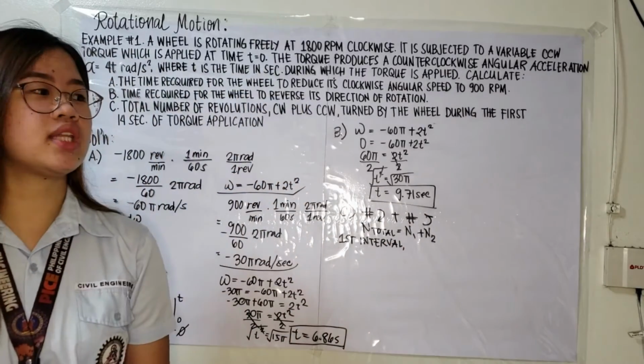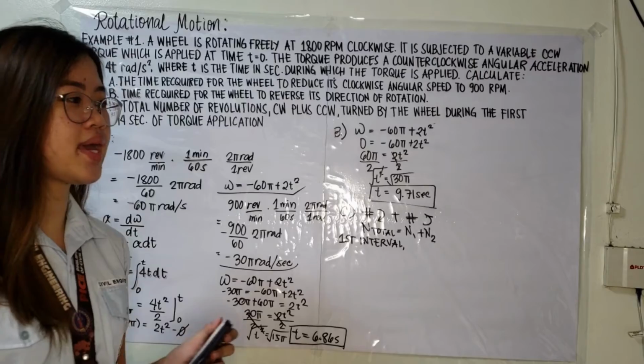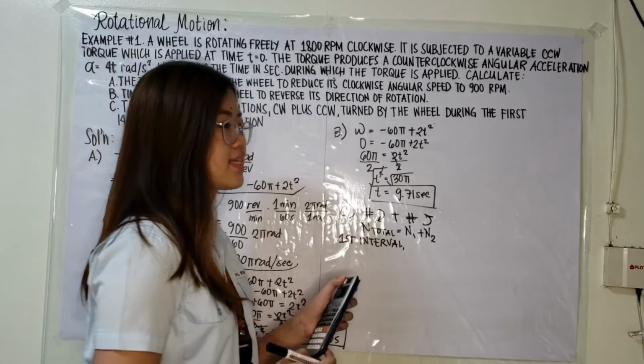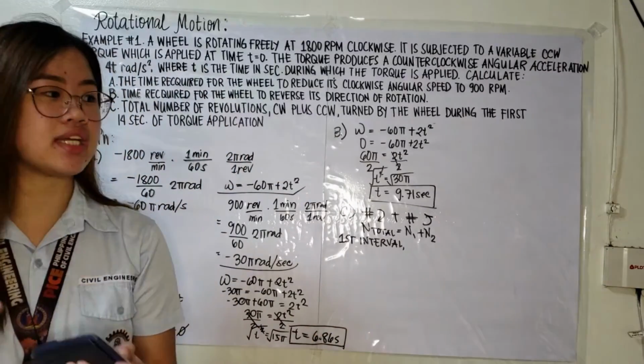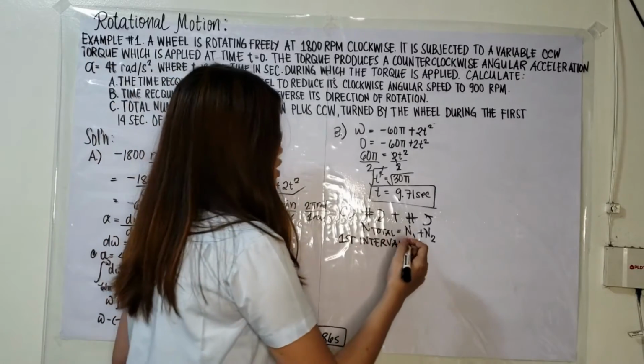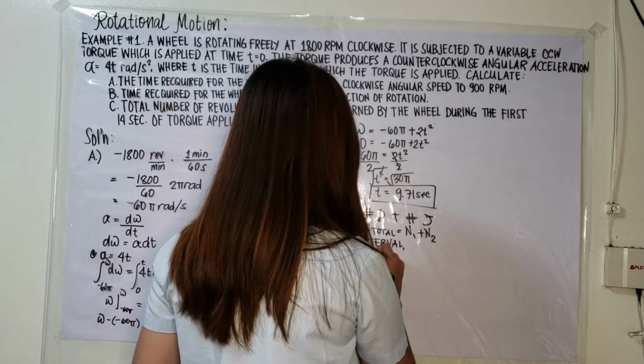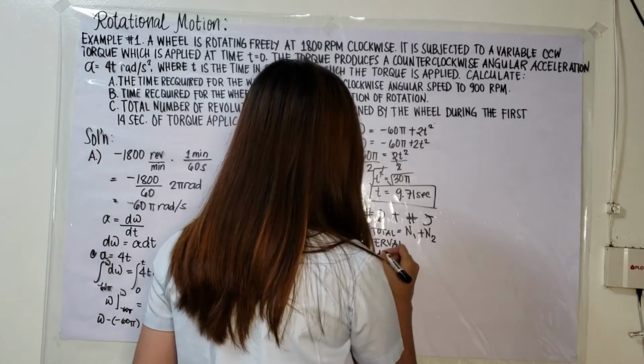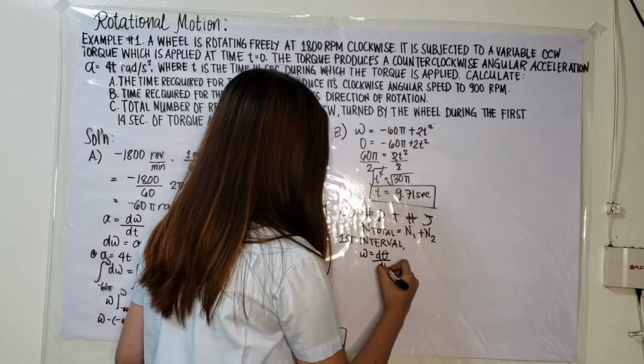we are going to integrate the expression for omega in terms of time, which will give us the angular displacement in radians. We will use the equation omega is equal to the derivative of theta over the derivative of time.